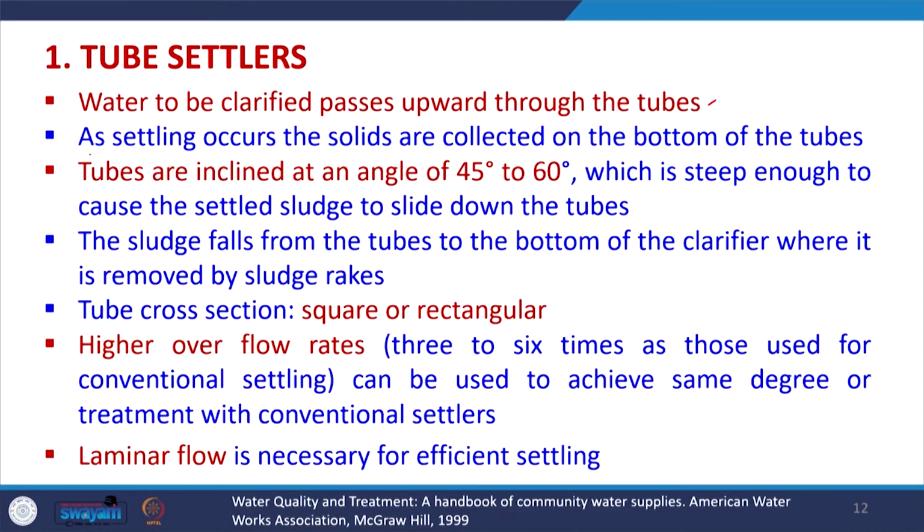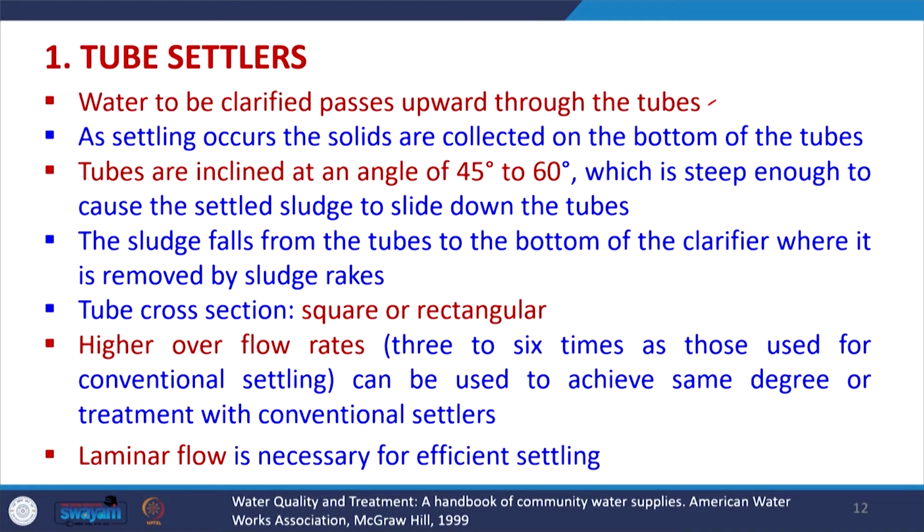Now, as settling occurs, the solids are collected on the bottom of the tube. All the solids will get settled on the bottom of each tube. These tubes are inclined at an angle of 45 to 60 degrees, which is steep enough to cause the settled sludge to slide down the tube.